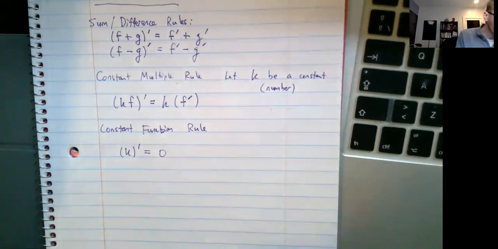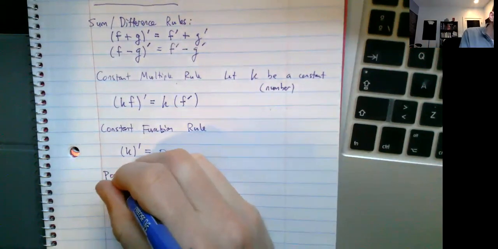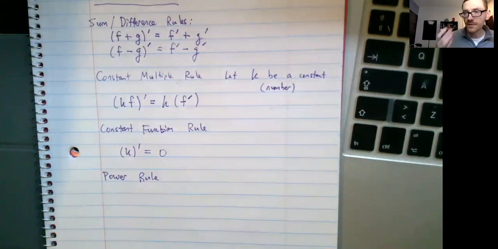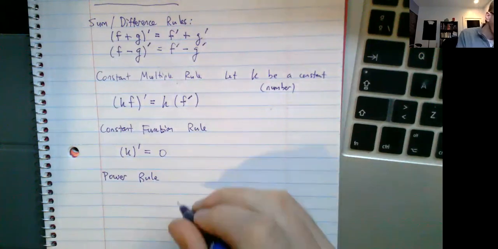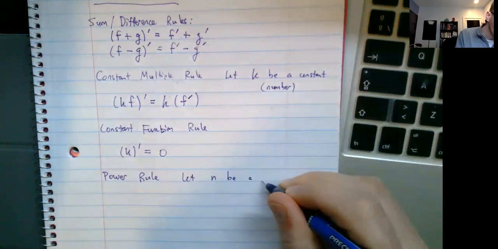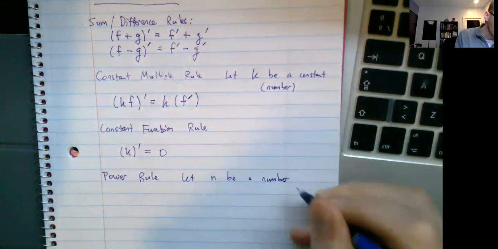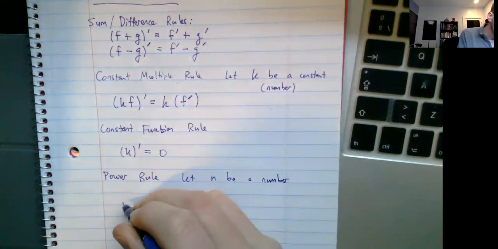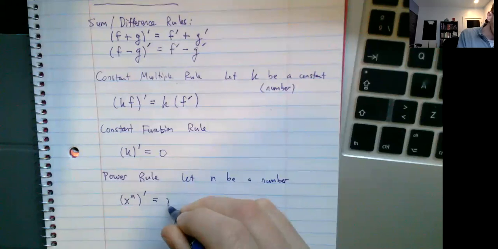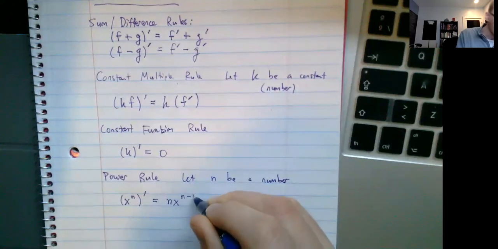Okay. And then finally, the most interesting rule, the rule that I was alluding to a moment ago in the discussion of some of the problems from last time. If we let n be a number, then the derivative of x to the n is equal to nx to the n minus 1.